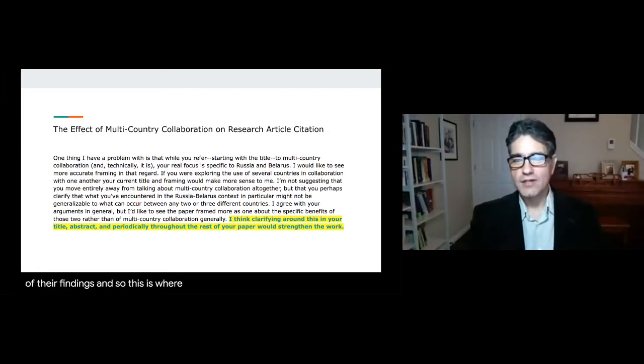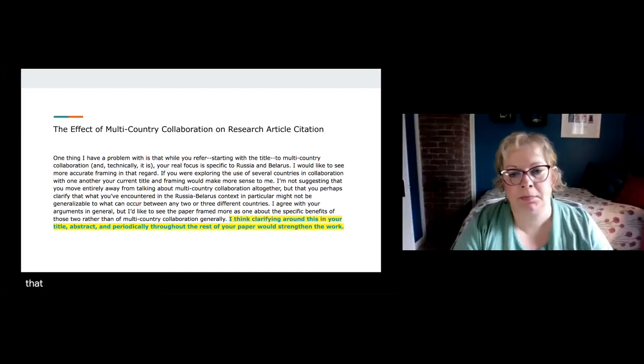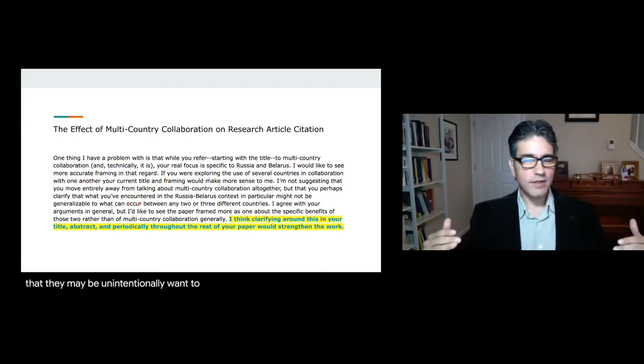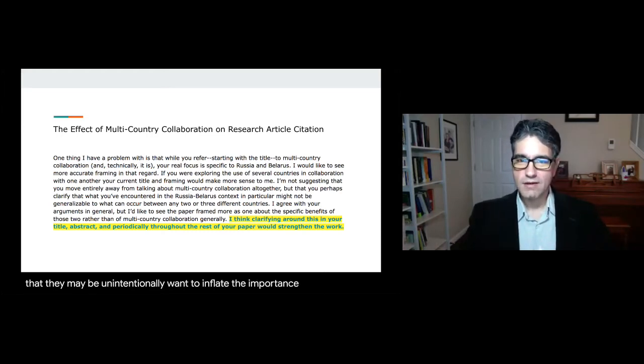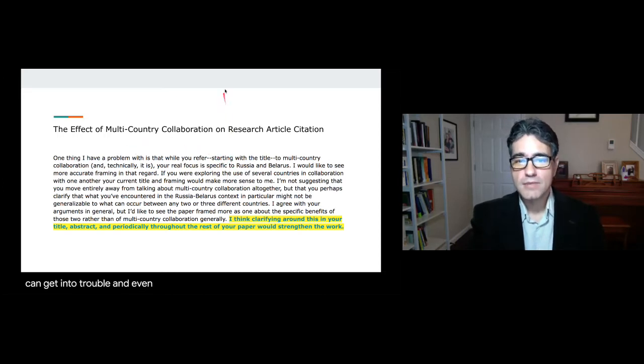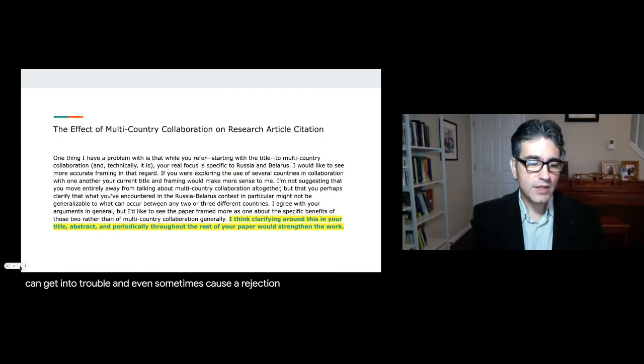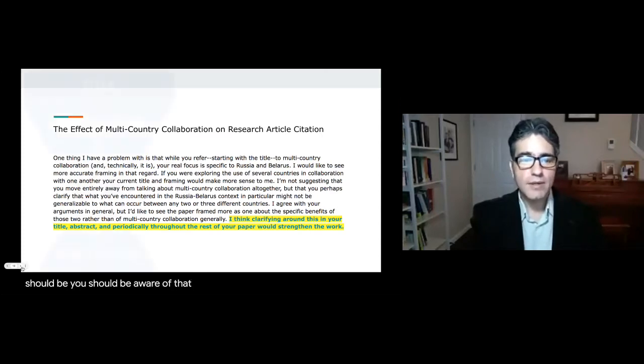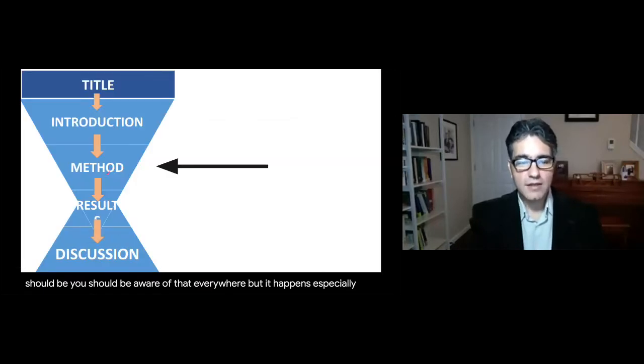And so this is where I think a lot of authors get into trouble, is that they maybe unintentionally want to inflate the importance of the research when the data and the research itself don't support that. And that's where they can get into trouble and even sometimes cause a rejection. So that often happens, most typically not in the title like this, and I'm just showing you that you should be aware of that everywhere, but it happens especially in the method section.